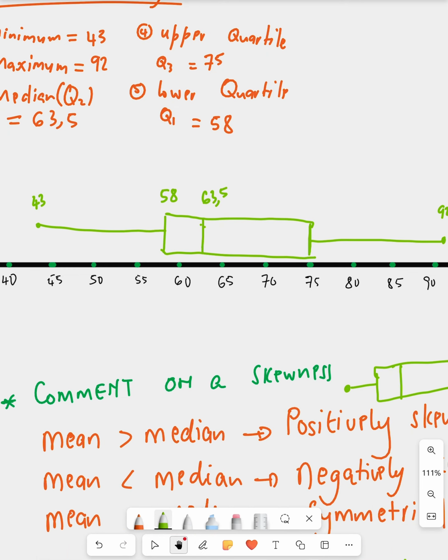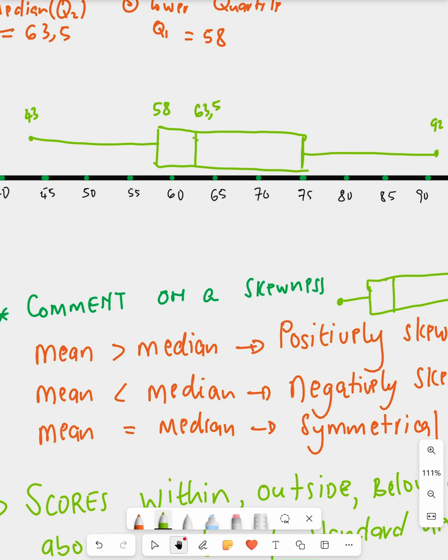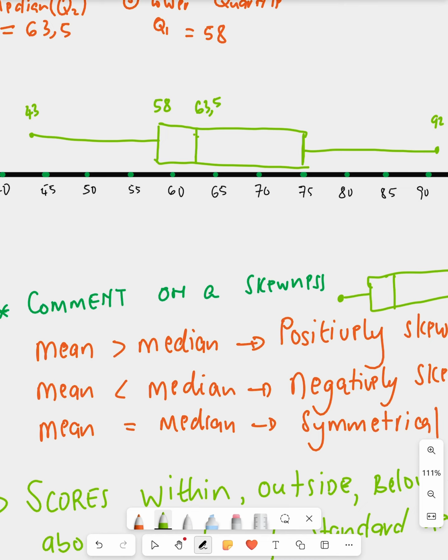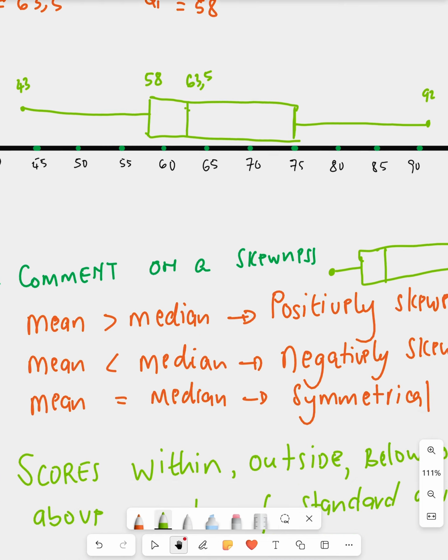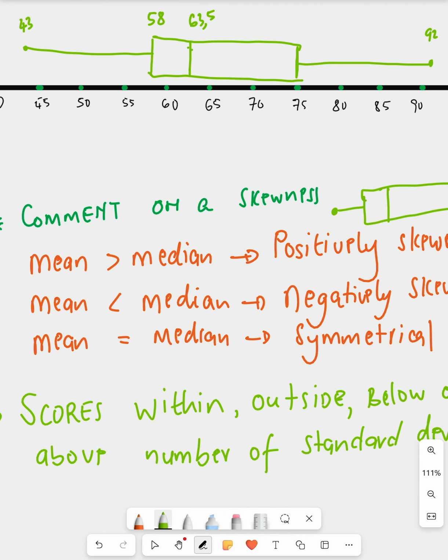Now, from this box and whisker, you must be able to comment on the spread or on the skewness. There are many methods that can be used to comment on skewness. The easiest one, if you have your mean and your median, is very easy.